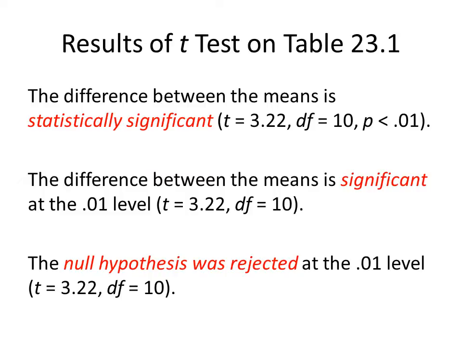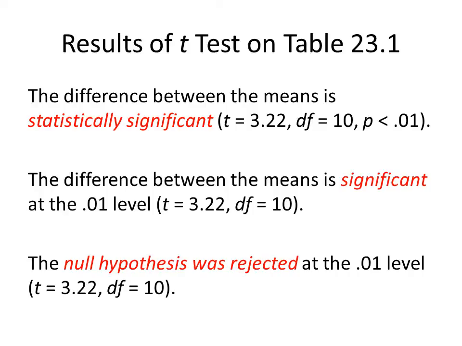Notice that in each one of the statements, we do report the p-value. We either say that it is statistically significant, it is significant, or we indicate the null hypothesis was rejected, which is the same thing as saying there was significance. Any of these is acceptable.